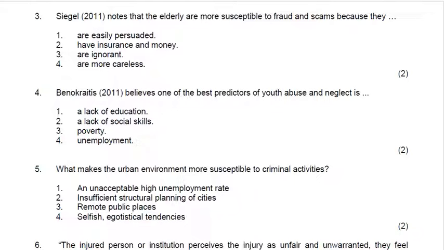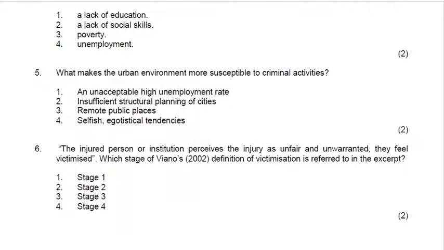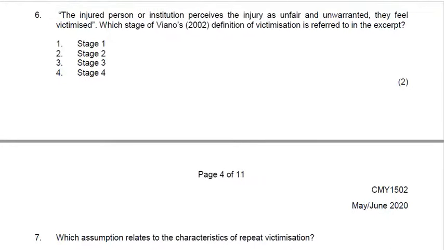Next question, which is question 6. The injured person or institution perceives the injury as unfair and unwarranted. They feel victimized.